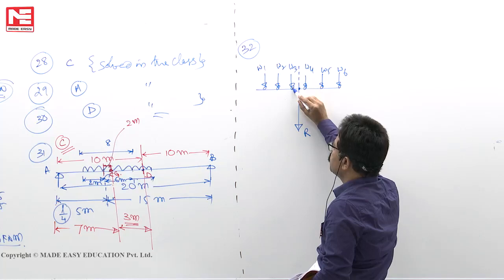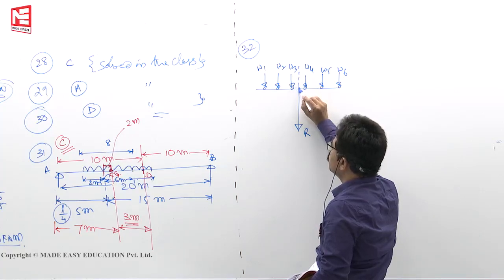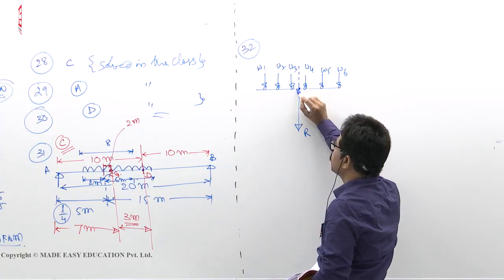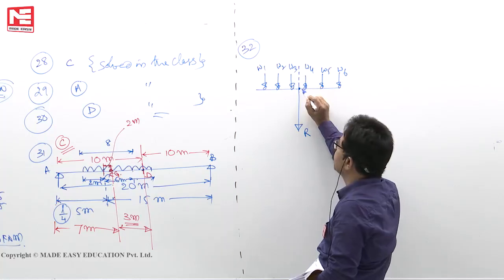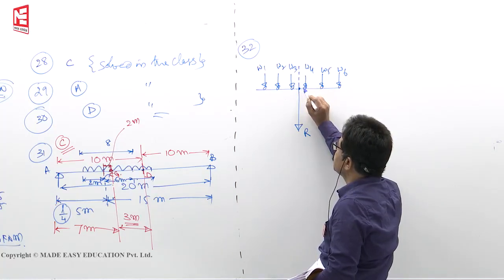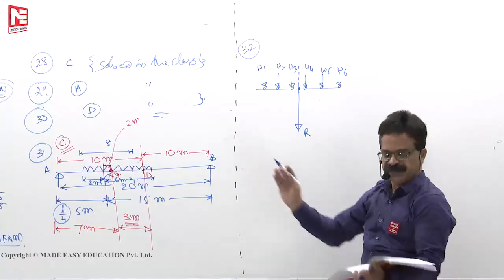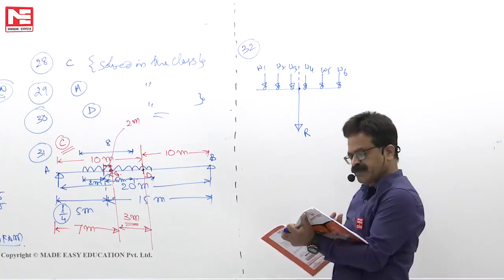If this R is nearer to this load, then this load and the resultant should be at equal distance from the center. It is nearer to this load means this load must be more, so only it might have shifted. Let us assume that way.